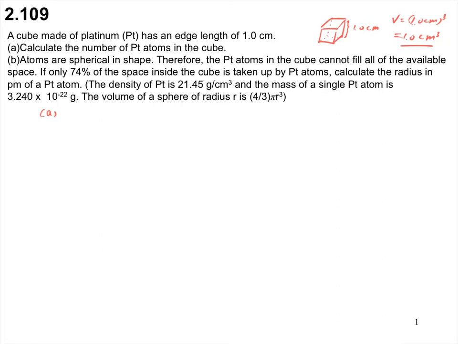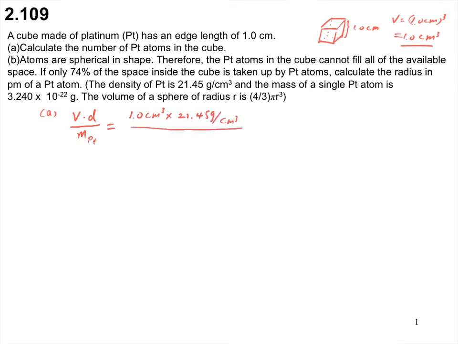So therefore, the total mass of the cube is given by the volume of the cube times the density of the cube. Then we divide it by the mass of a single platinum atom. So the total mass of the cube, again, is the volume, which is 1.0 centimeter cubed, times the density, 21.45 gram per centimeter cubed.